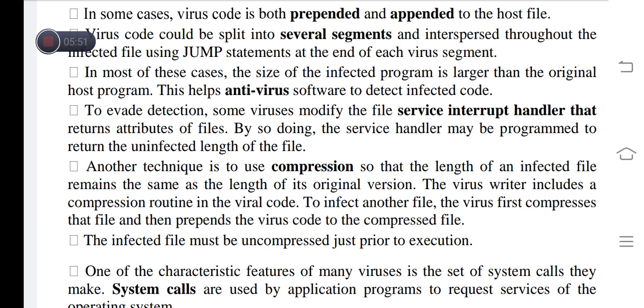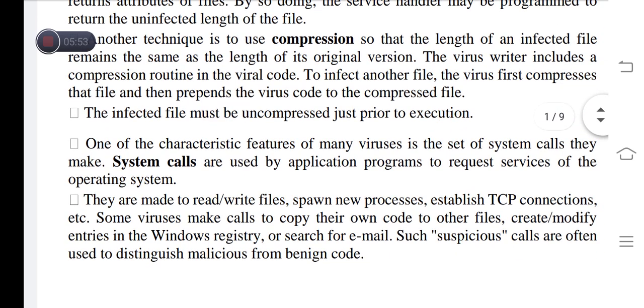Okay, so again, one of the features of viruses is the set of system calls. Obviously we know system calls, that is, by using various application programs we request services of the operating system. For example, it can be calls to read or write files, to form new processes, or to establish a TCP connection, etc. We have various system calls.